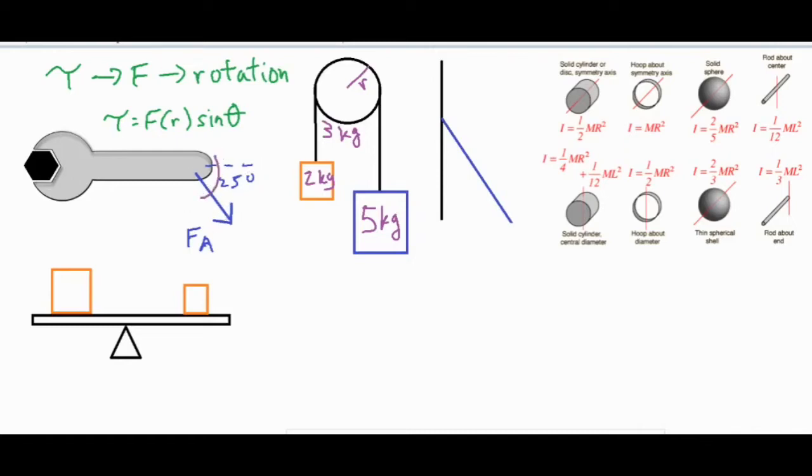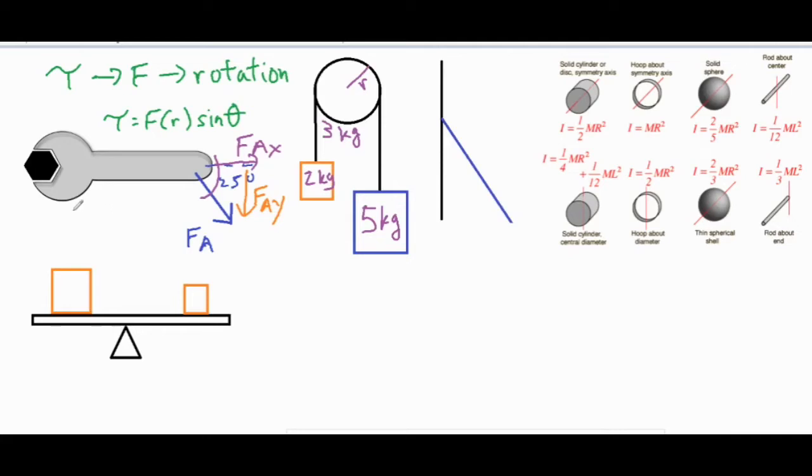So if we take this angled force and this 25 degrees, that's 25 degrees from the horizontal, we can make a triangle with an x component and with a y component. And the y component is the only component that actually causes the rotation.